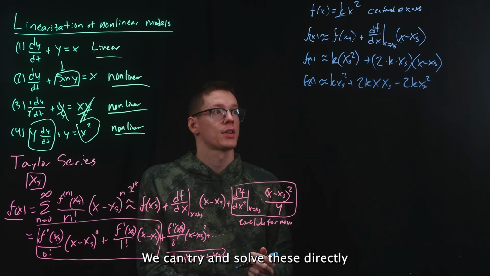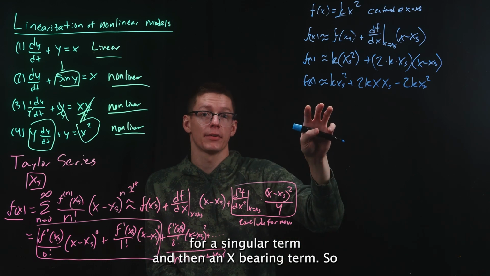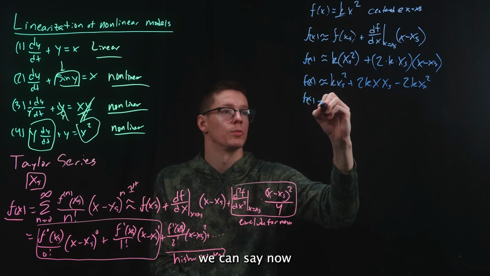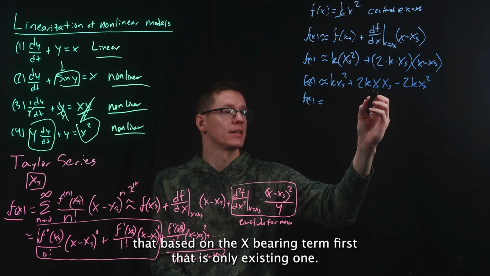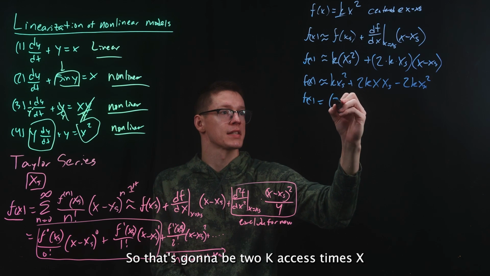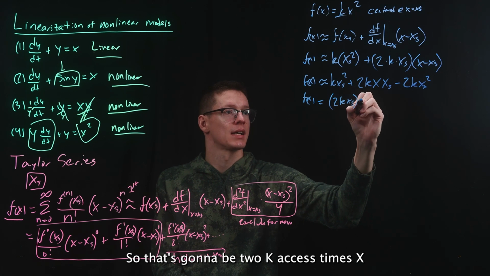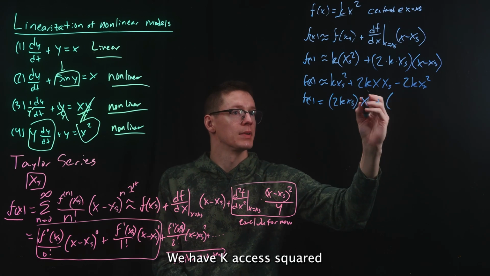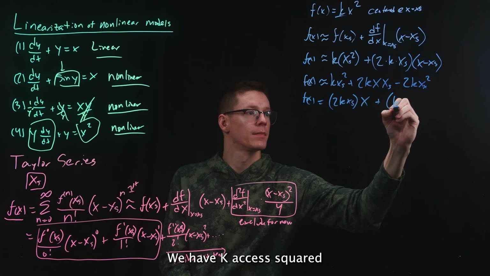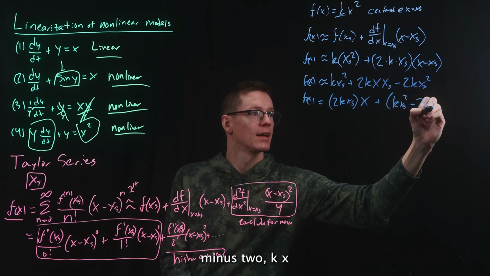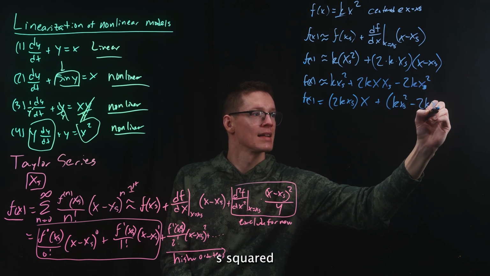We can try and solve these directly for a singular term and then an x-bearing term. So we can say now that based on the x-bearing term first, that is only existing in 1, so that's going to be 2k xs times x plus, we have k xs squared minus 2k xs squared.